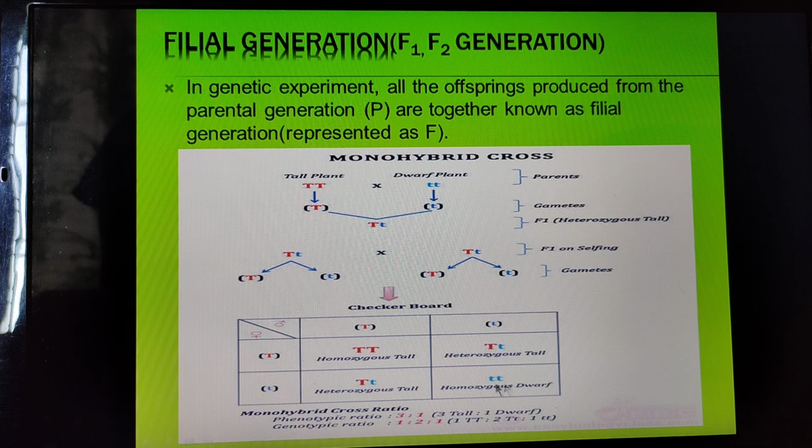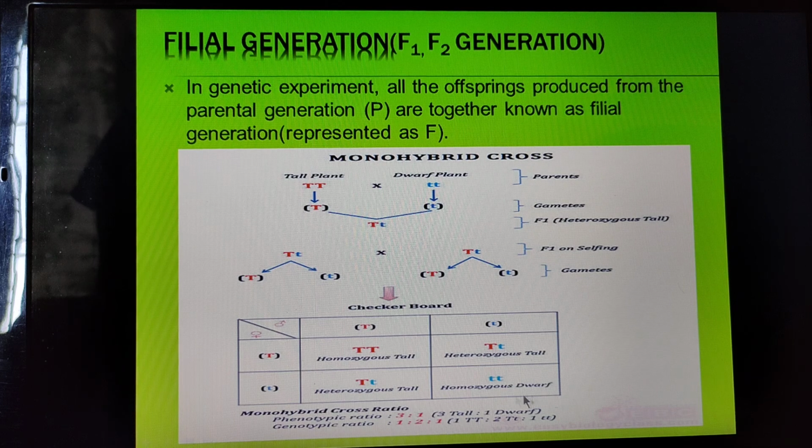Same way small t, this are the recessive trait. So small t is the genotype, and dwarf, that is expressed, this one is the phenotype. So how many tall pea plant here? Homozygous tall, heterozygous tall, but it is expressed tall.